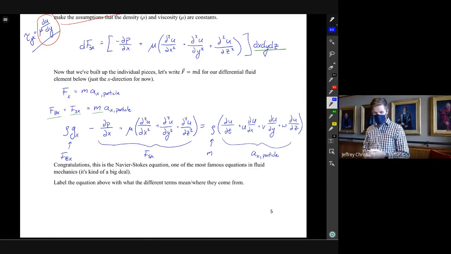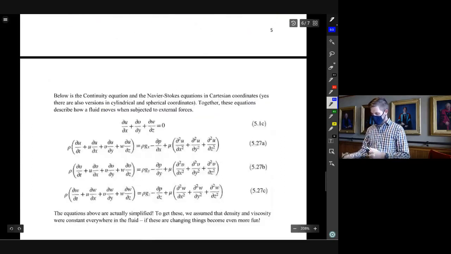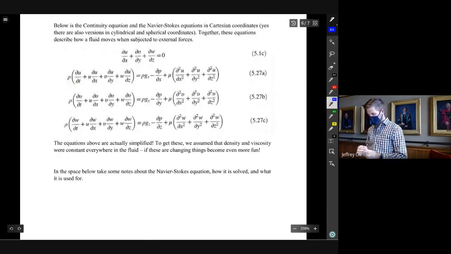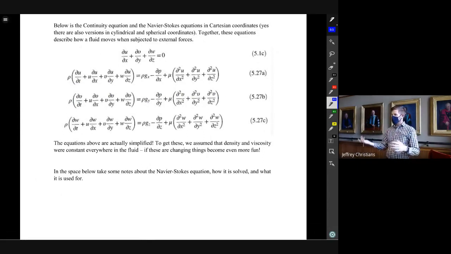Okay, and then lo and behold, we've made it. If you flip over to the last page, we can write out, that was just the x direction. So the real fun begins when you have to do things in 3 dimensions.